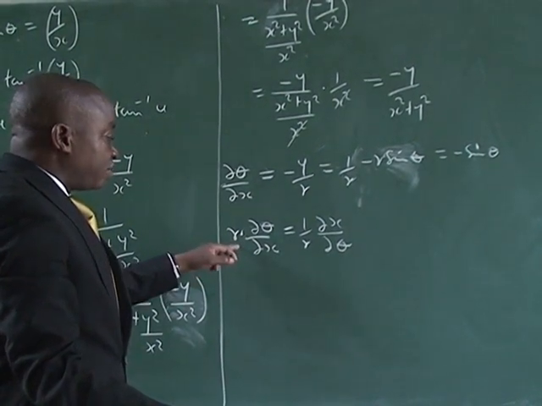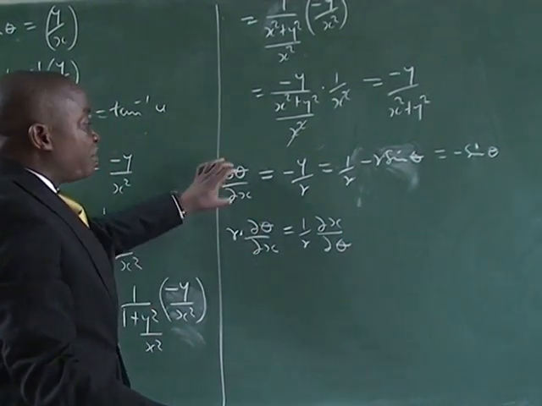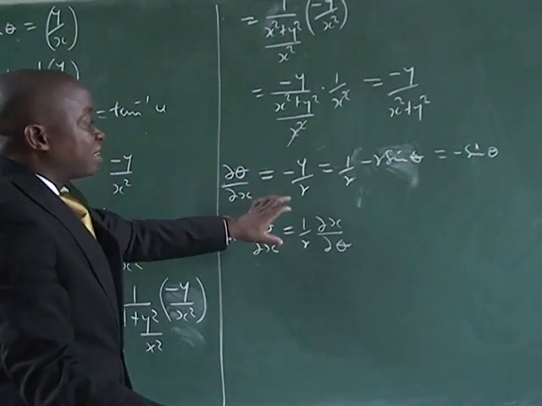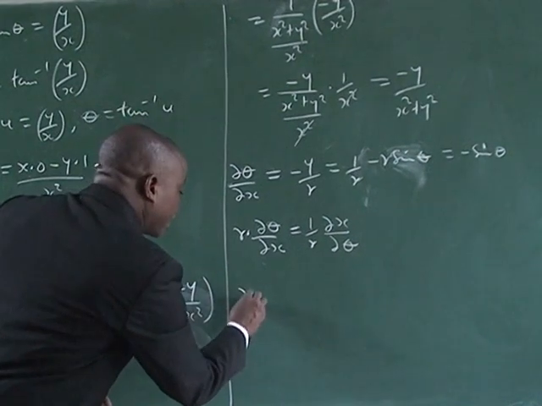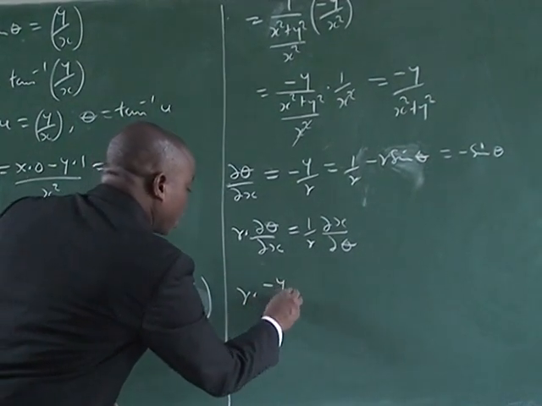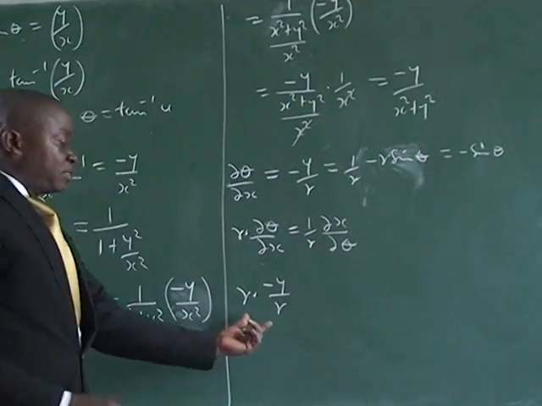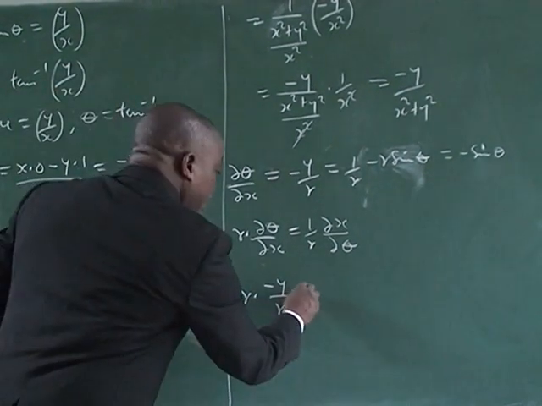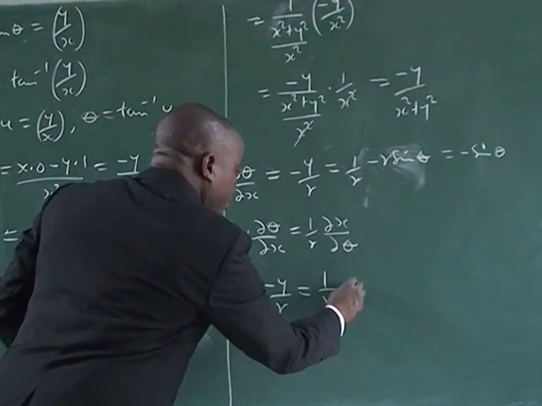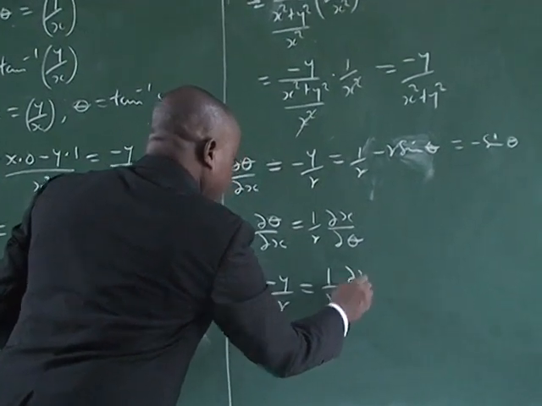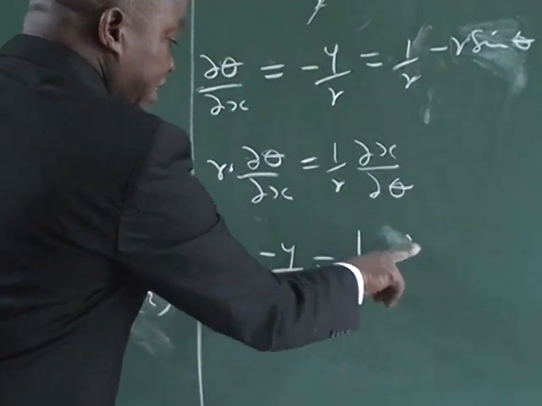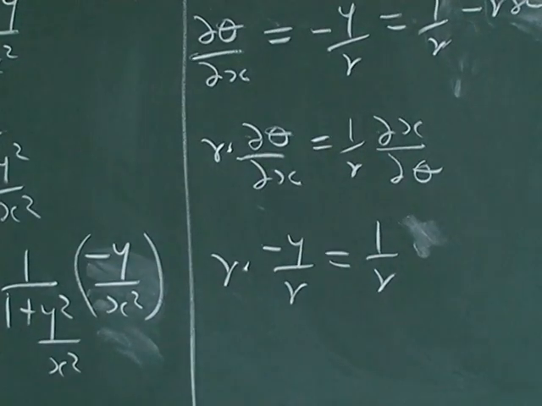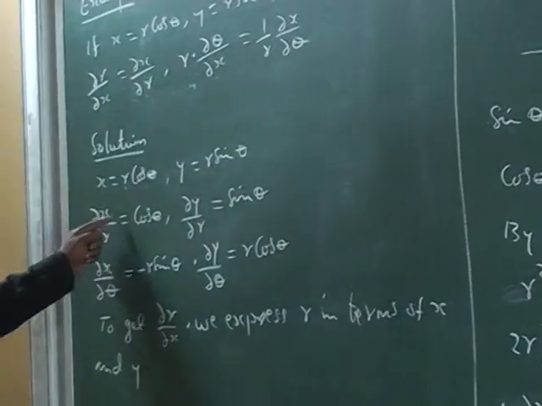What we have is r partial theta over partial x, and we know that partial theta over partial x is minus y over r. So r times minus y over r is what this gave us. The right side is 1 over r partial x over partial theta. So what is partial x over partial theta?